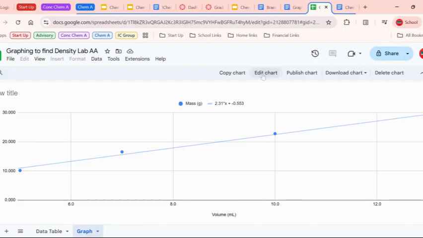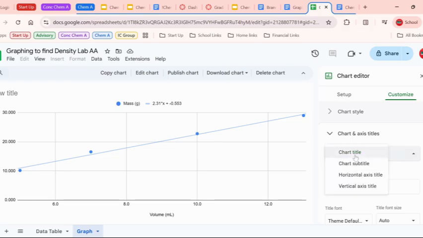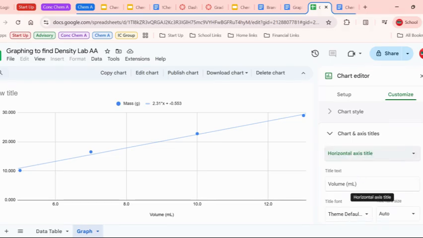So to change them, you go Edit, Customize, and then you do Chart and Axis Titles. Horizontal axis, you will highlight what is written there, which should have been Axis Title and Unit, and you are going to change that to read volume, which is what was on the x-axis, and the unit is milliliters.